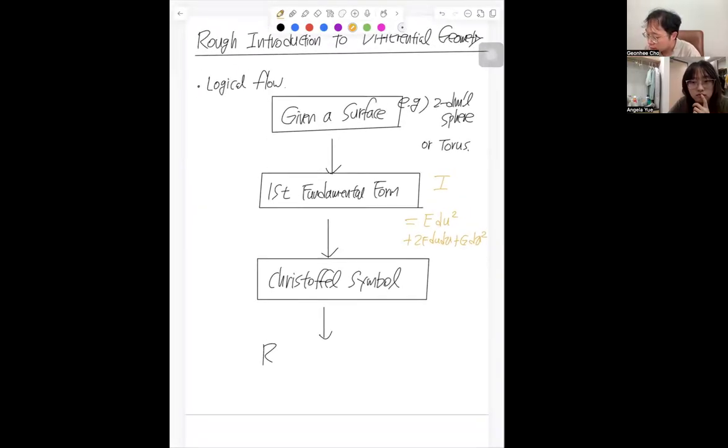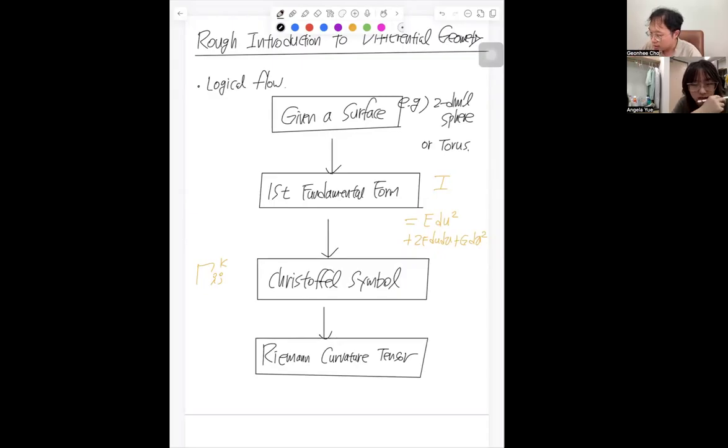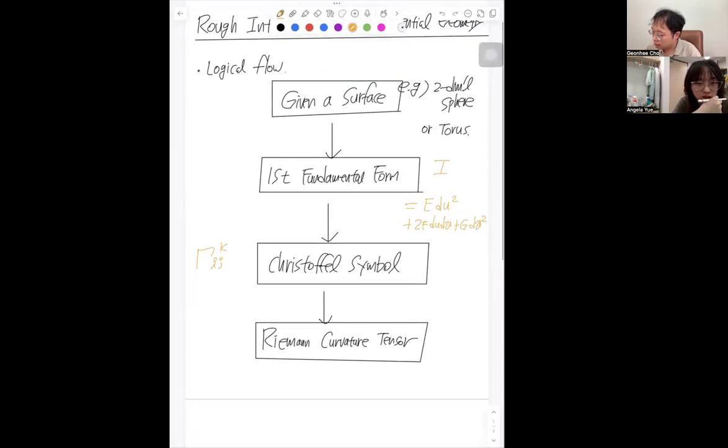And the Christoffel symbol looks like gamma ijk, and it looks quite ugly. That gives us the Riemann curvature tensor, written as R, for Riemann, with indices ijkl, a quite crazy notation.